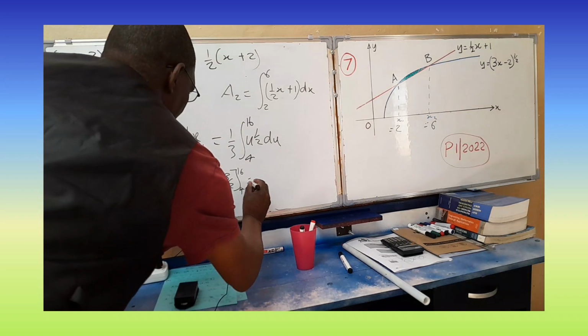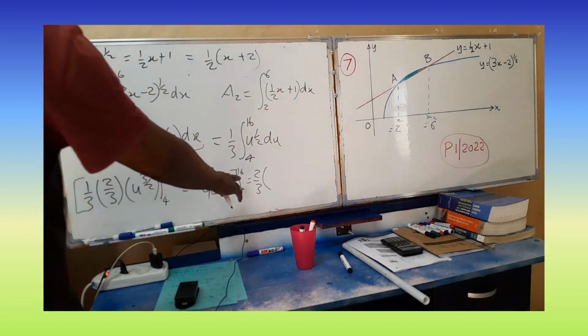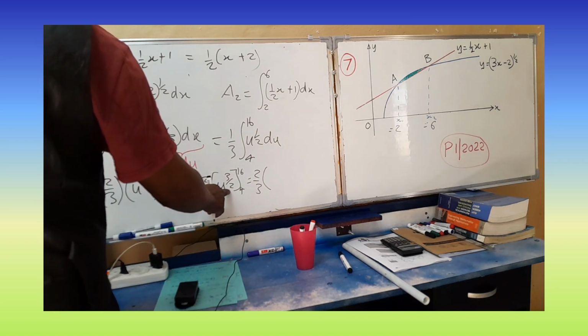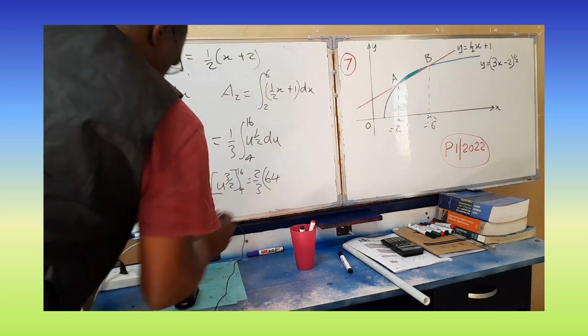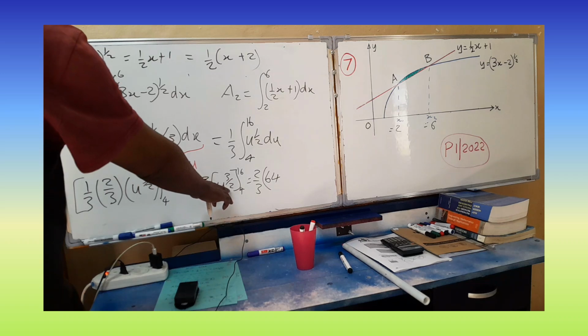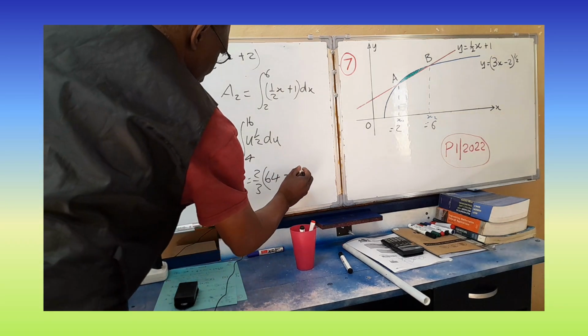This is 2/9 bracket. When u is 16, what is the square root of 16? It's 4. Raised to the power 3, it's 64. When u is 4, we have square root of 4, which is 2, raised to the power 3, which is 8.